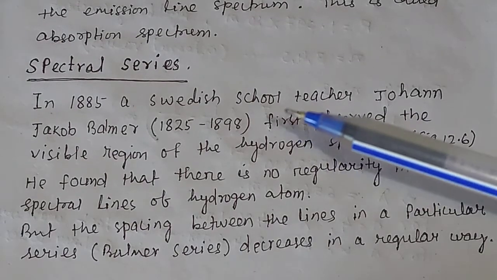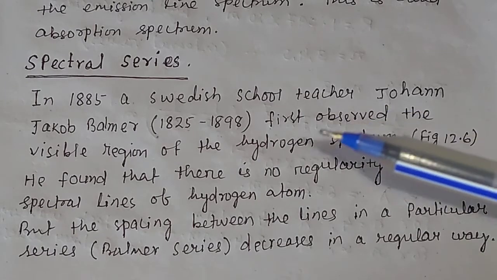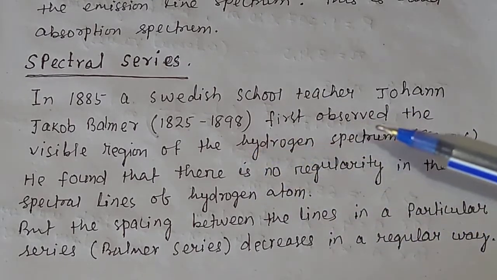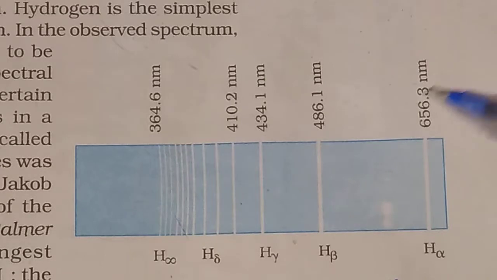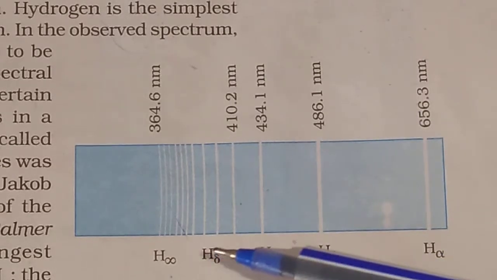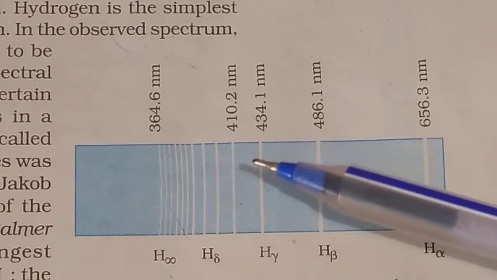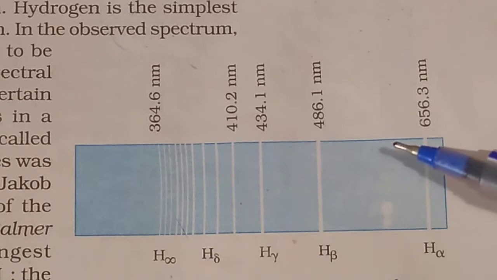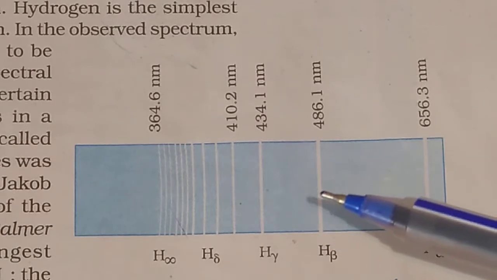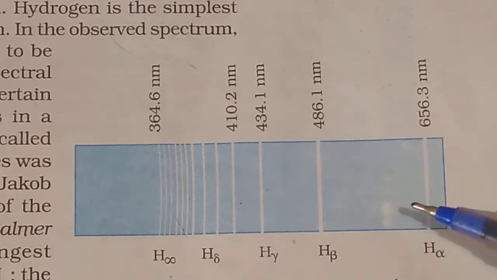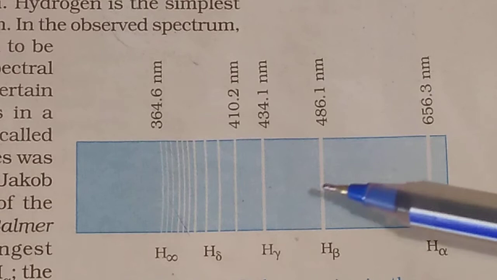What is spectral series? In 1885, a Swedish school teacher, Johann Jakob Balmer, first observed the visible region of the hydrogen spectrum. This is the visible region of the hydrogen spectrum. From this spectrum, he found that there is no regularity in the spectral lines of the hydrogen atom. You see, here the spectral line is broader, here less broad, and also the gaps between the spectral lines are not regular.